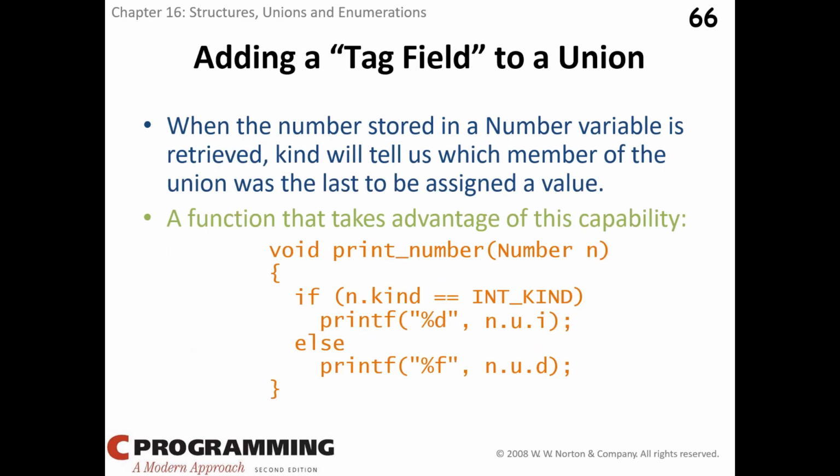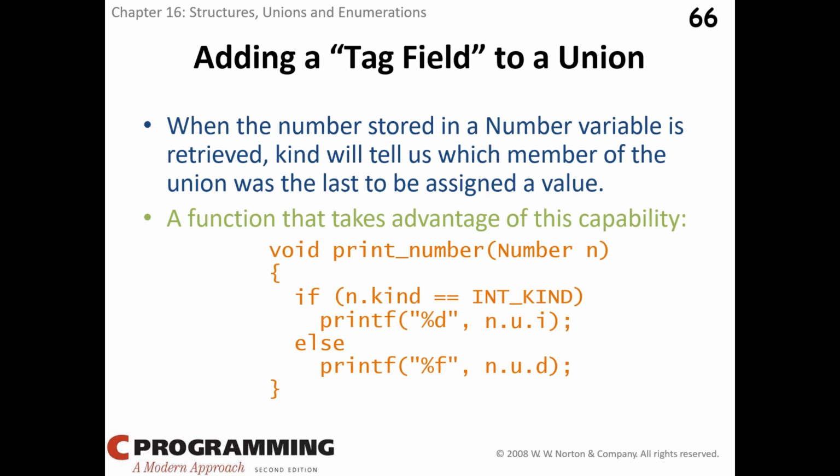When the number stored in a number variable is retrieved, this kind field will tell us which member of the union was the last to be assigned a value. Here we have a function that takes advantage of this capability. Within this function printNumber, we utilize the kind field to determine the type of value stored within the union u of the number variable n.